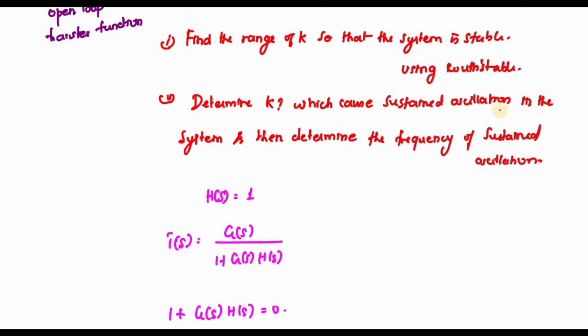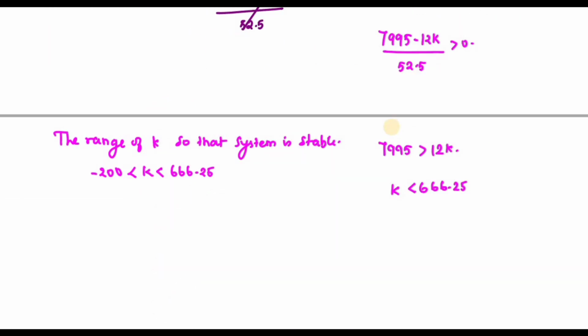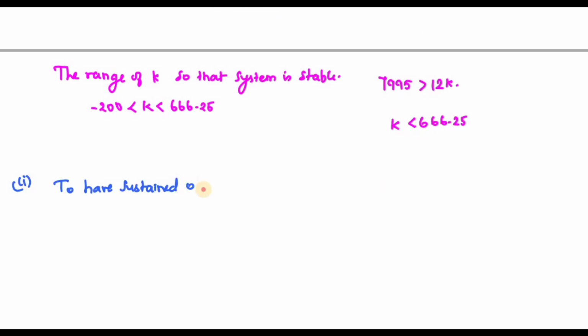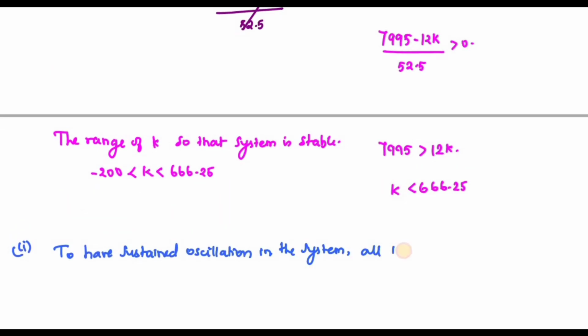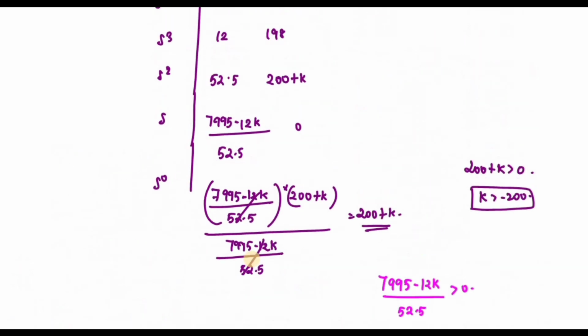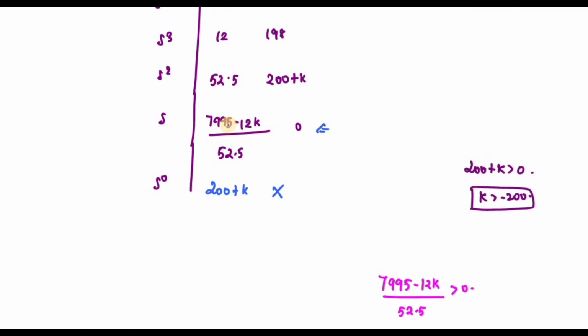The second question is to determine the value of K which causes a sustained oscillation in the system, and then determine the frequency of the sustained oscillation. So now you are going to substitute the K value equal to 666.25. Why? Because to have the sustained oscillation, all the elements in the row must be equal to 0.